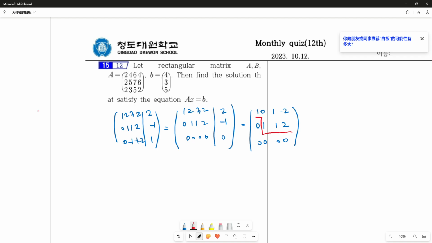Okay, so we don't need the normal procedure. The leftmost column is the pivot, so pivot, free, free. First, x1 plus x3 minus 2x4 equals 2.